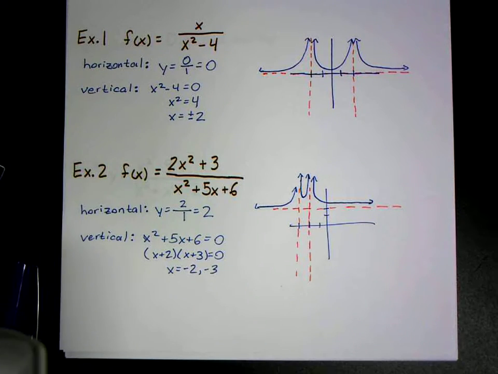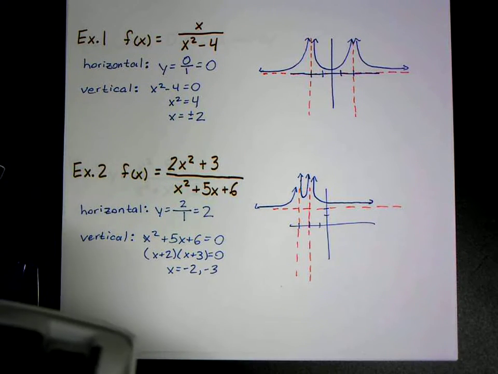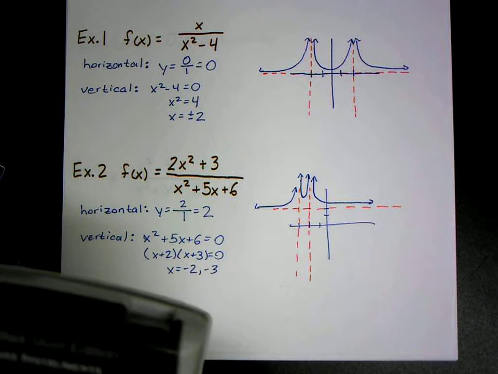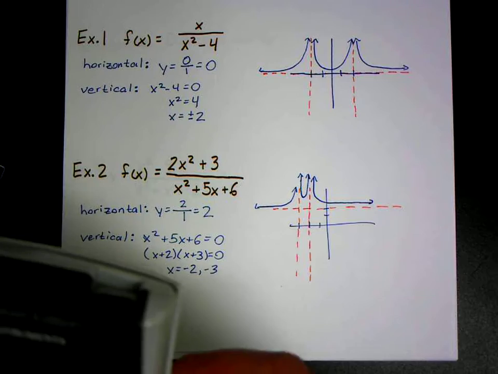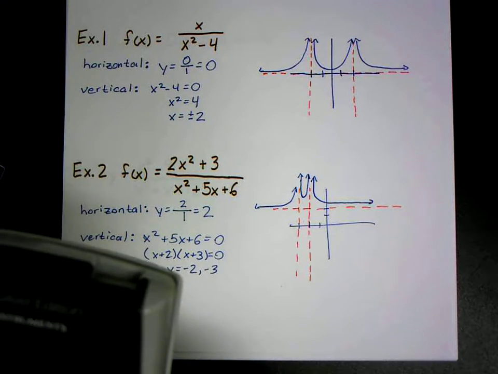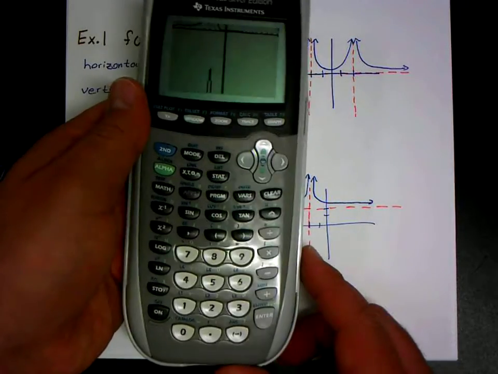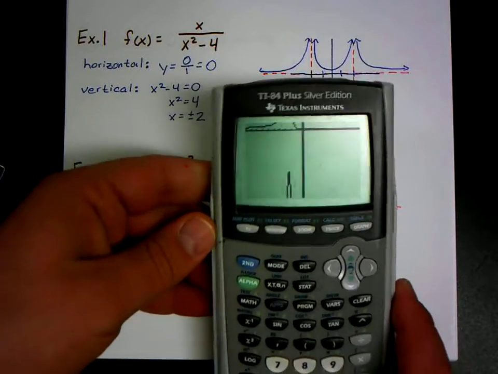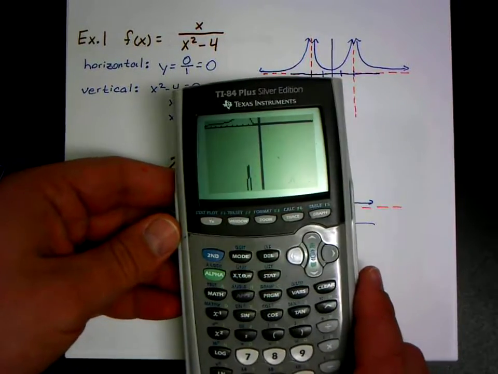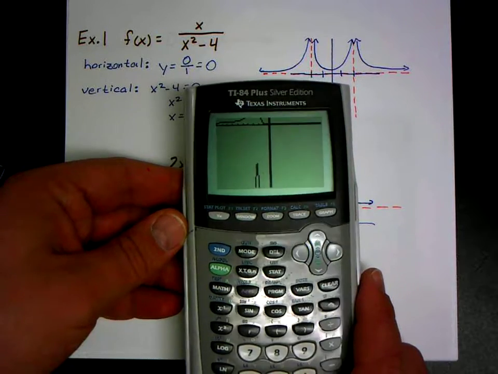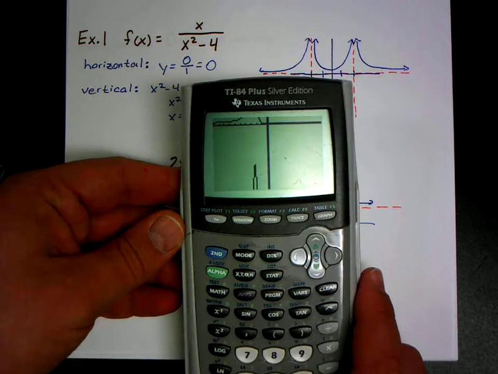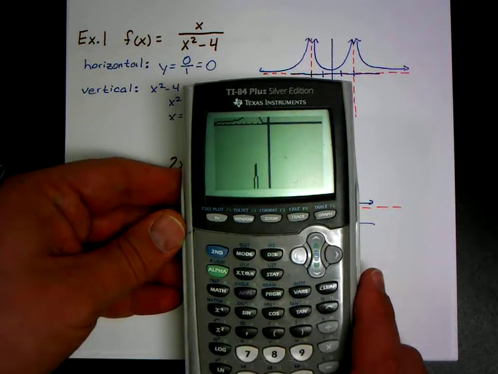Oh, I went the wrong direction. I tried these out all beforehand. I thought maybe I would remember. The parabola is down at the bottom. So it goes up at the top, and then there's a little parabola down at the bottom.